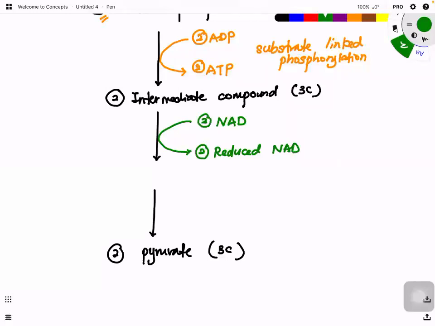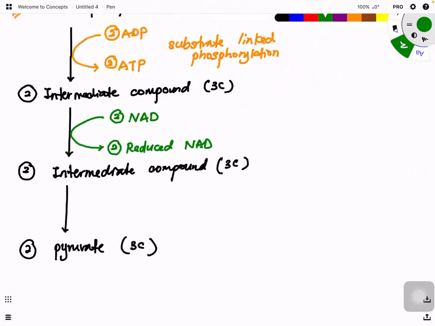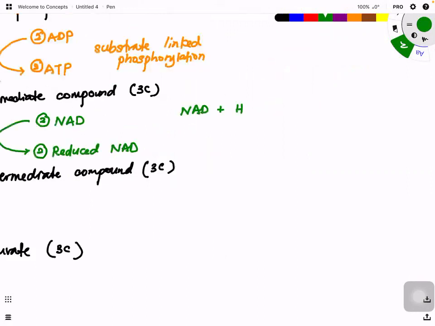So now you oxidize the intermediate compound to another intermediate compound, which is 3 carbon as well. So what actually happened here? Look at this. NAD gains the hydrogen atom to form reduced NAD.